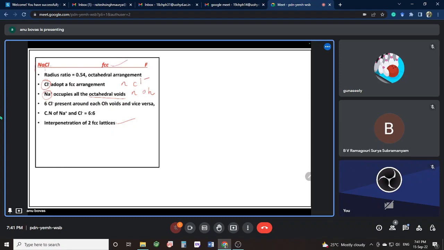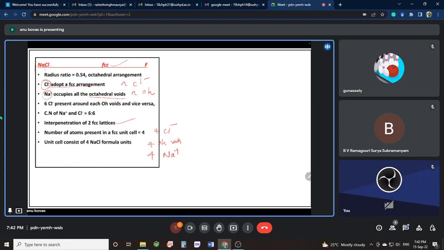Okay. Now, we calculated earlier that the number of atoms present in an FCC unit cell is 4. So there are 4 Cl minus, because Cl minus adopts an FCC arrangement, and there will be 4 octahedral voids. 4 octahedral voids means 4 Na plus, since Na plus occupies all the octahedral voids.